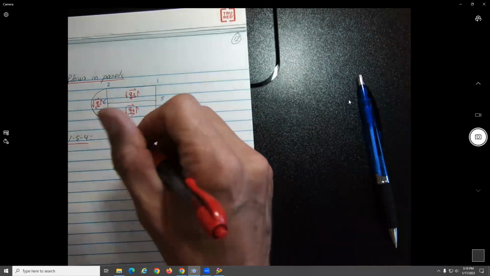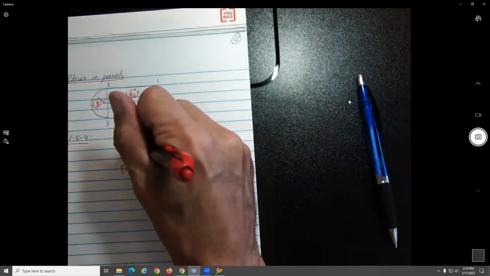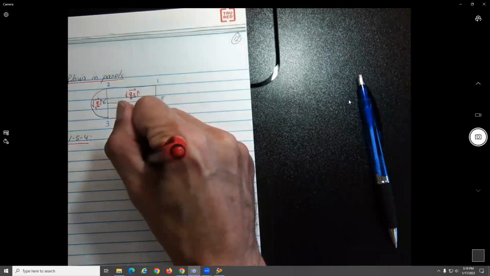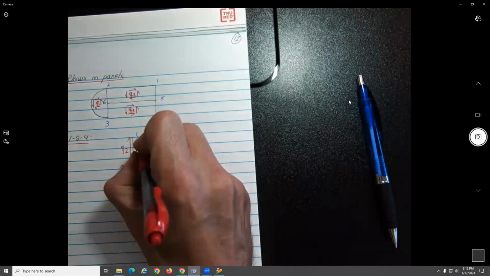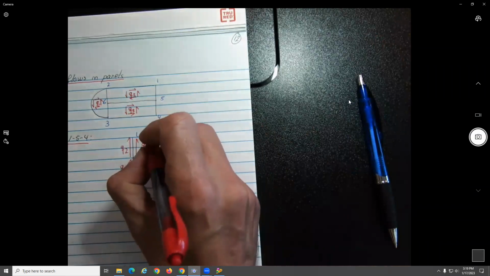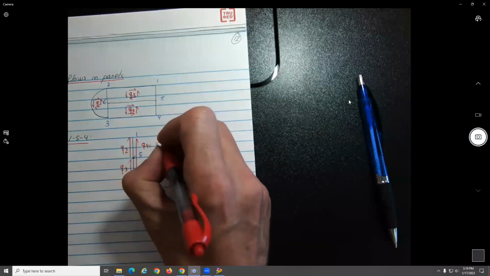What should we have here? We should have here Q2. Here we should have Q3. What is all the shear going in that direction here? This is what we call Q41.